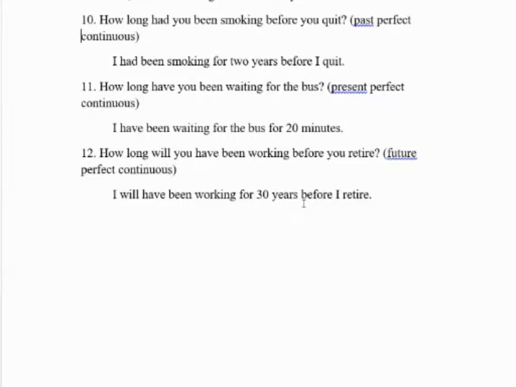Number 12, how long will you have been working before you retire? Future perfect continuous. The answer, I will have been working for 30 years before I retire. So I will, because we are using will for future, it remains the same.